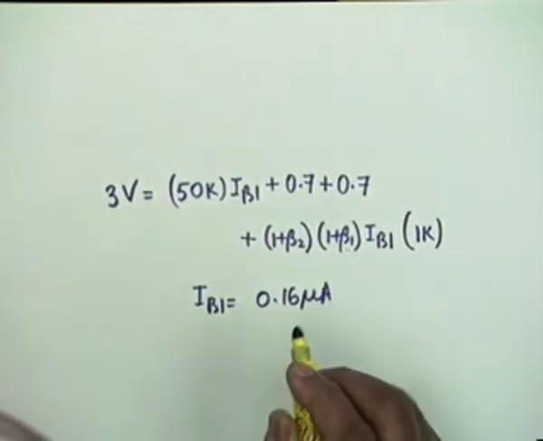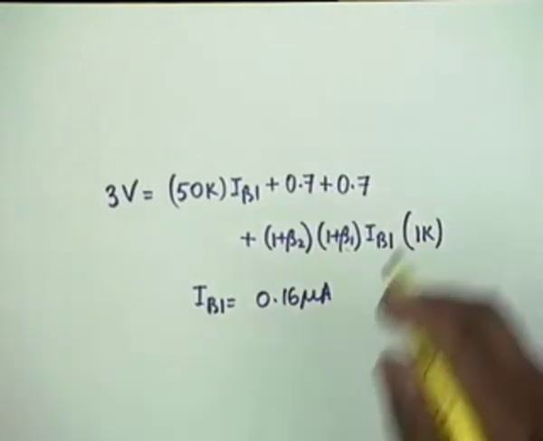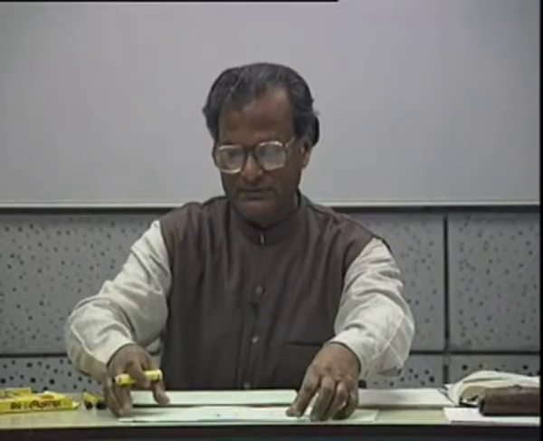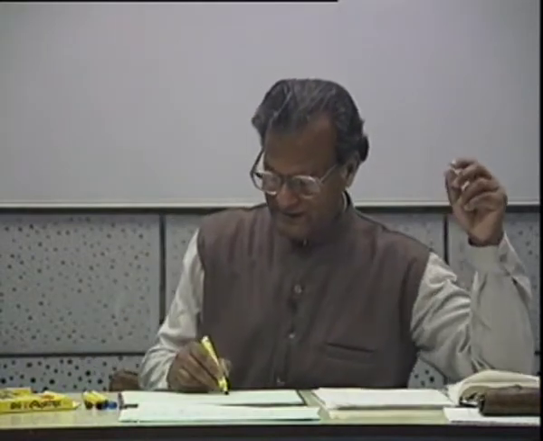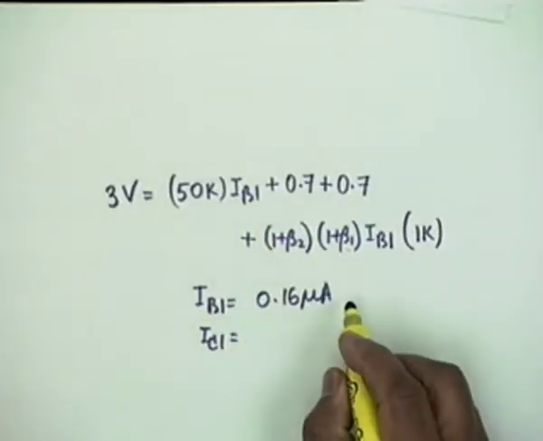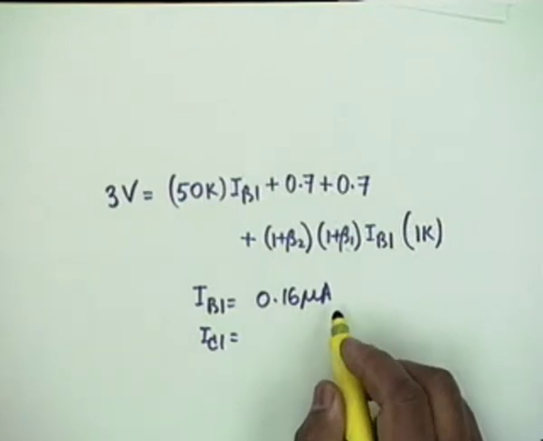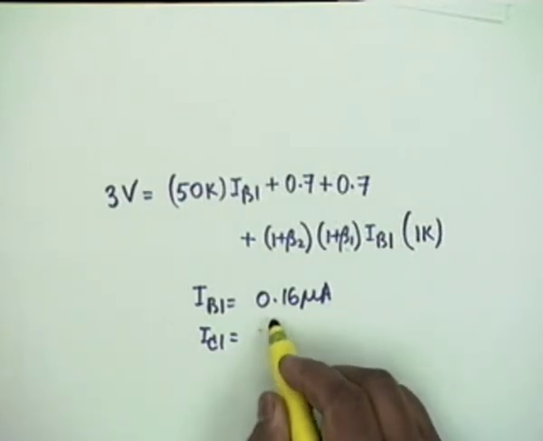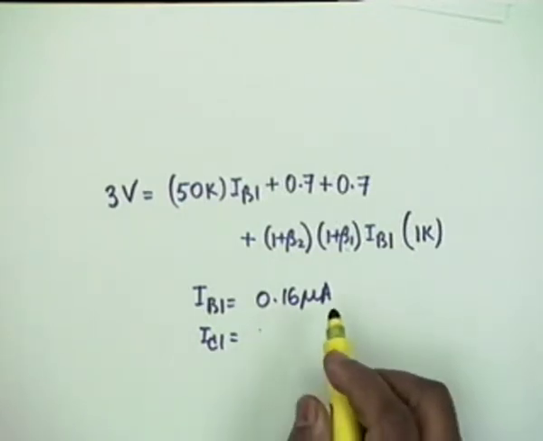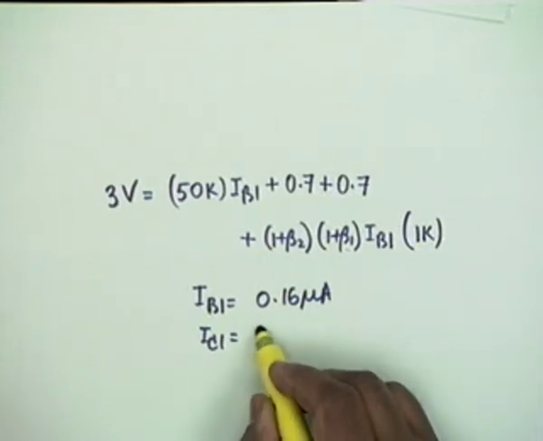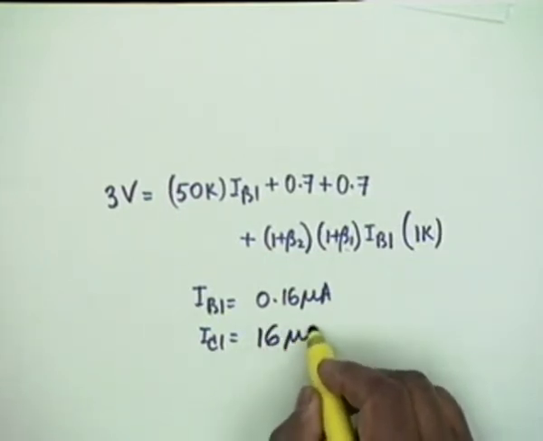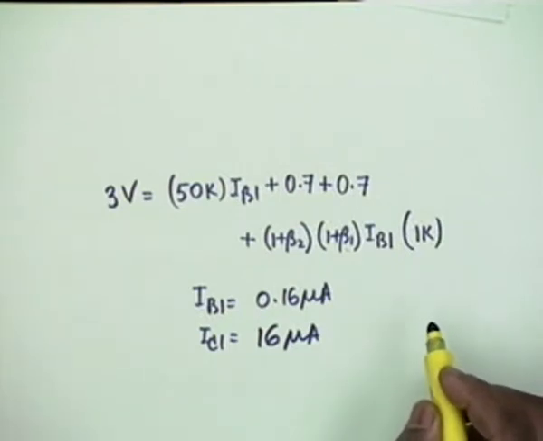If this is 0.16 microampere, then obviously IC1, which is 100 times this, is 16 microamperes, that is 0.016 milliamperes.